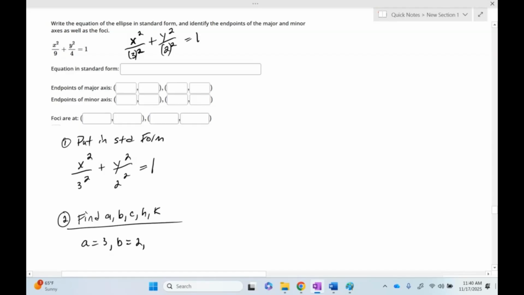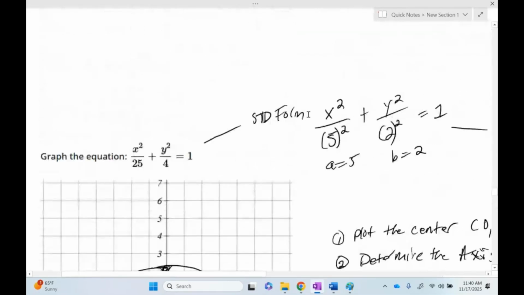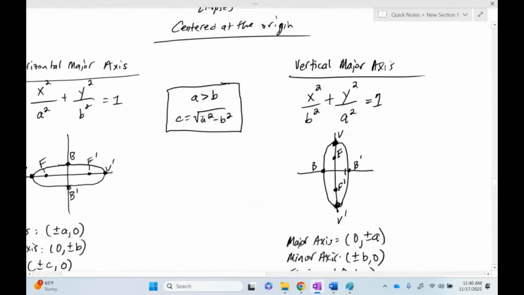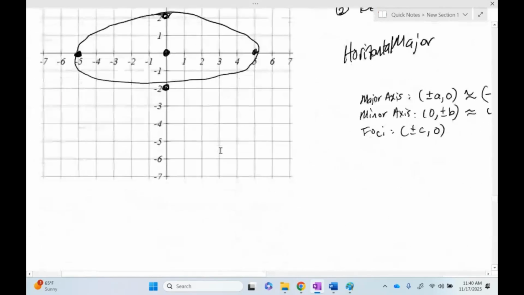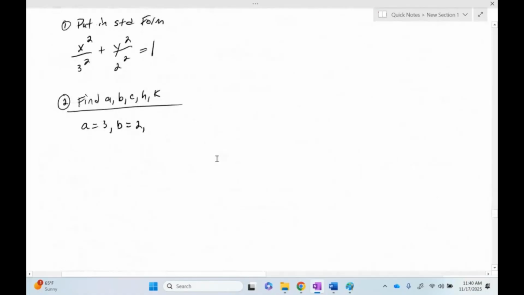What is C? Well, we can find C. Remember, there's a formula for C. C is equal to the square root of a squared minus b squared.